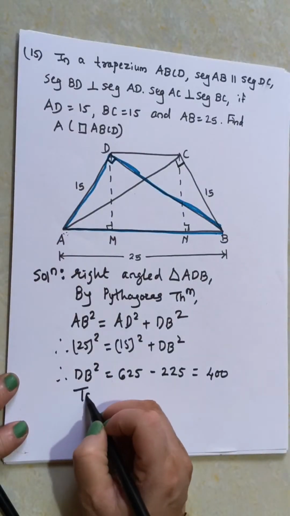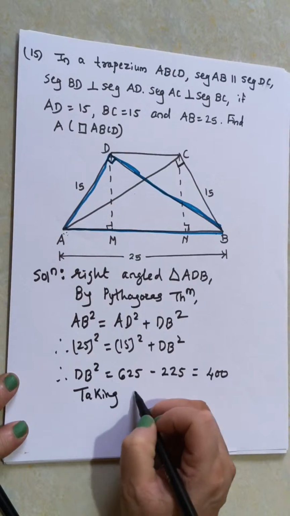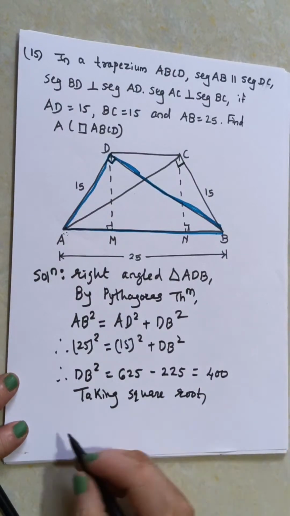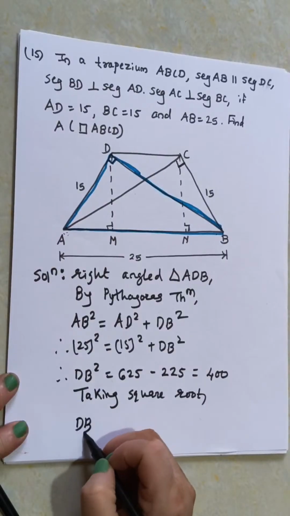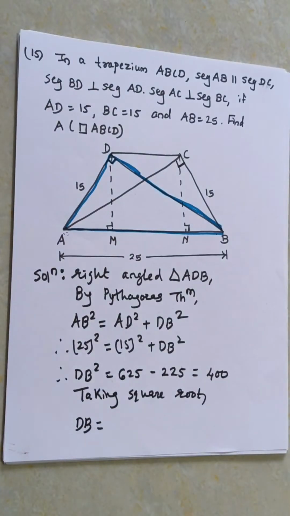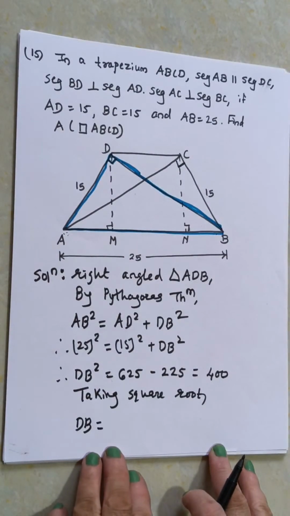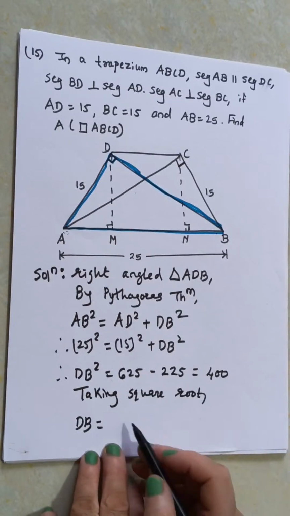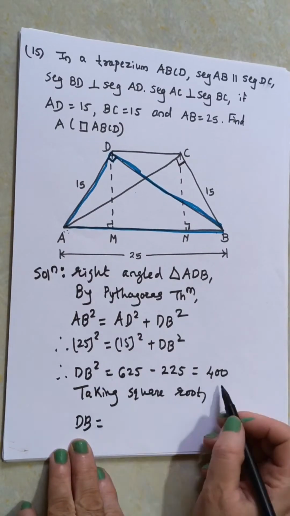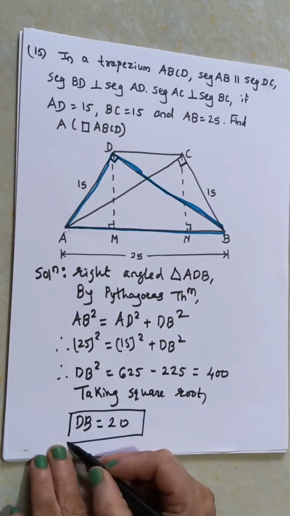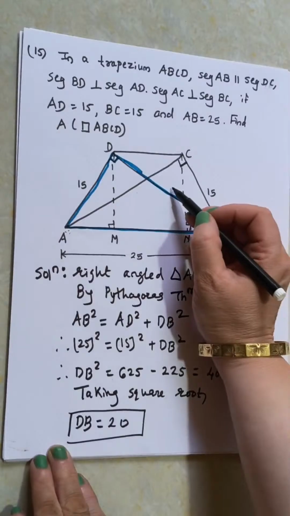Now taking square root at both sides, DB is equal to the square root of 400. Yes Shrutika, absolutely correct, 400 is a square. And Geet also absolutely correct. Both of you very good, you are concentrating. So BD is equal to 20. The square root of 400 is 20. So I got BD, that is 20.